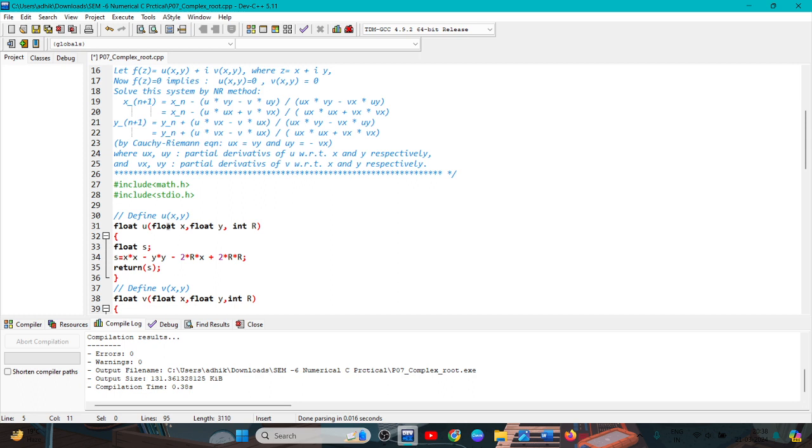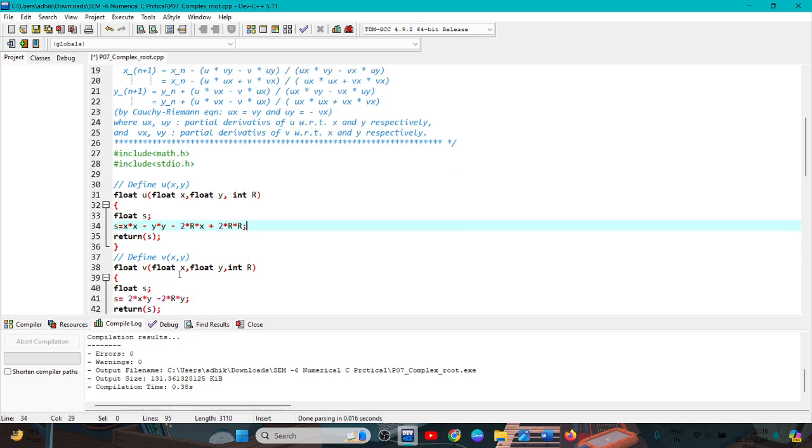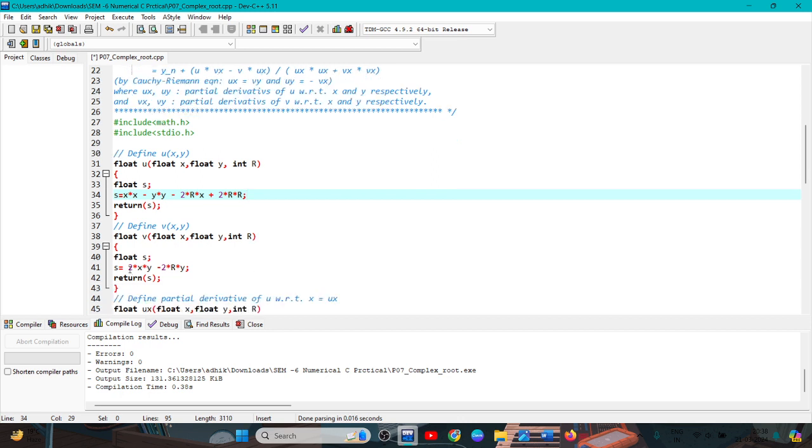The arguments are float x and float y and integer r, and the output is x square minus y square minus twice rx plus twice r square. Next, the imaginary part v(x,y) of the function f(z), the function v, the arguments are float x, float y and integer r, and return is 2xy minus 2ry.